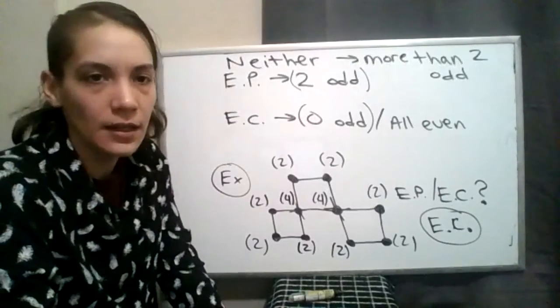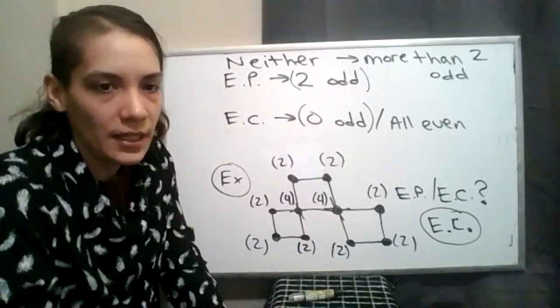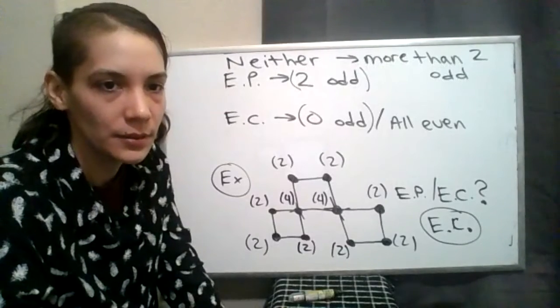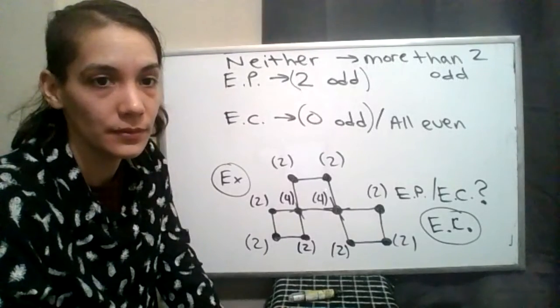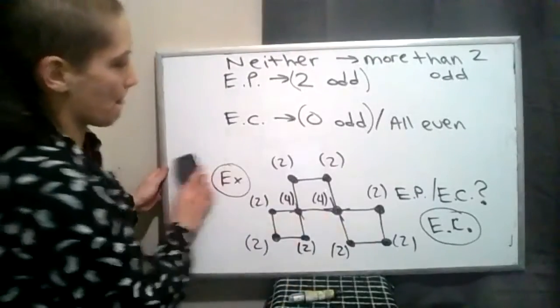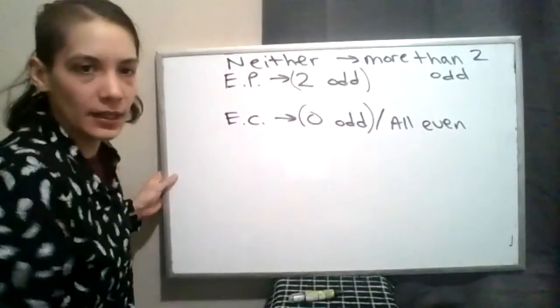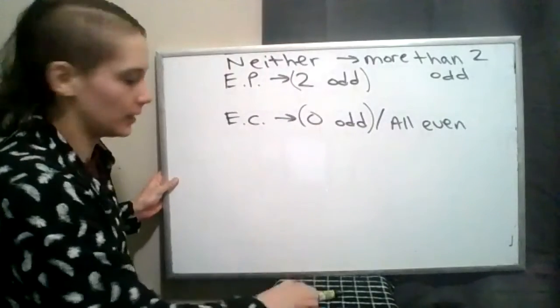Circuit, path or neither. Last one, let's do. It's a square on top of a square.